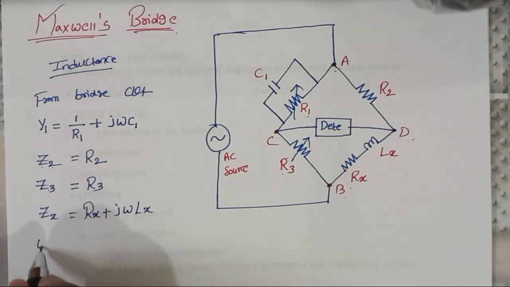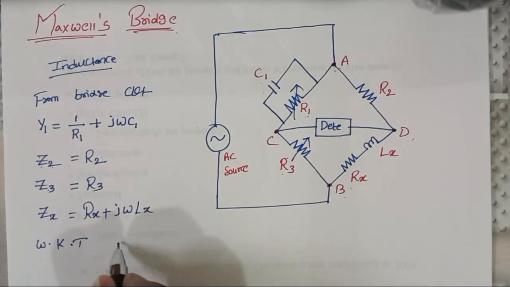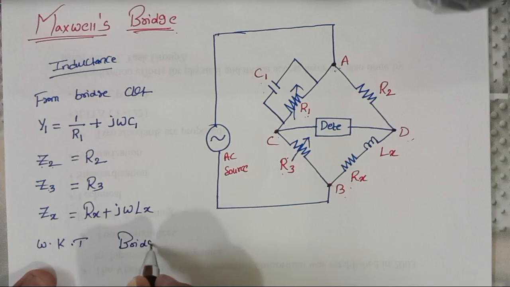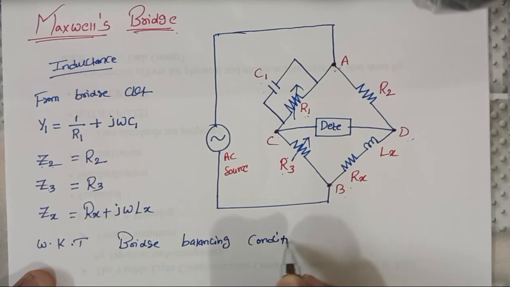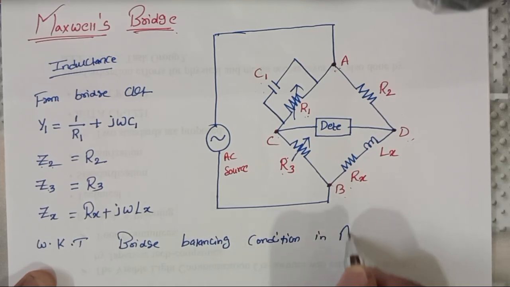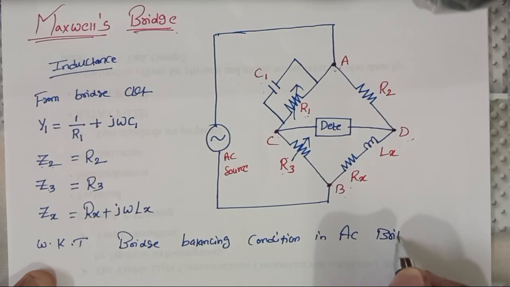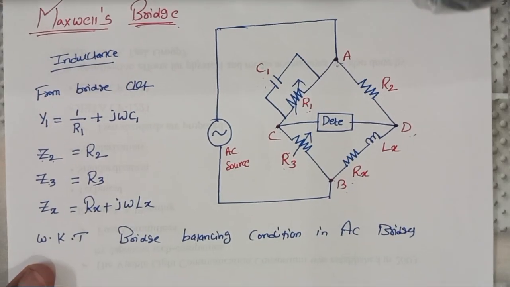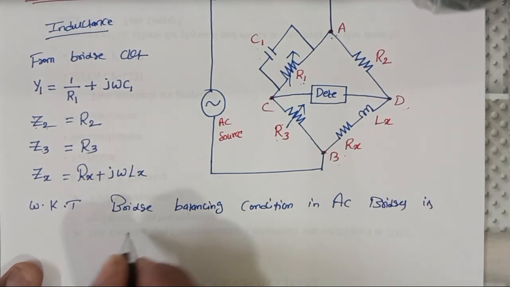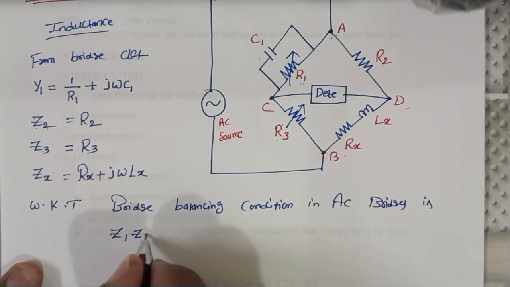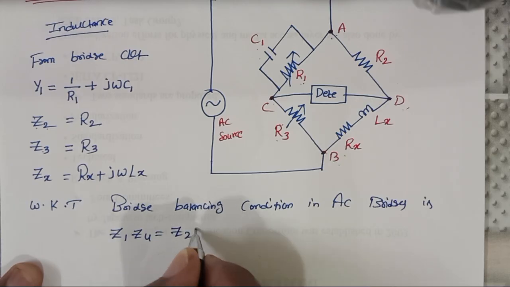Now we know the bridge balancing condition in AC bridges is Z1 Z4 equal to Z2 Z3.